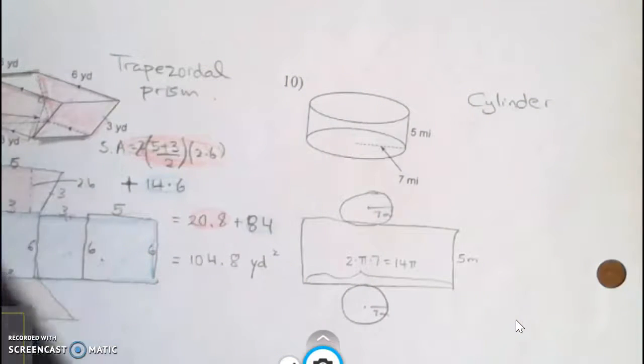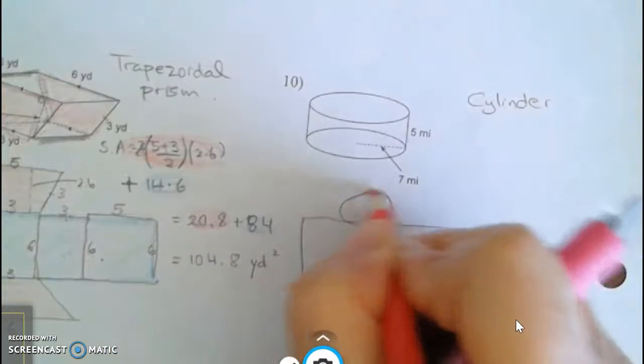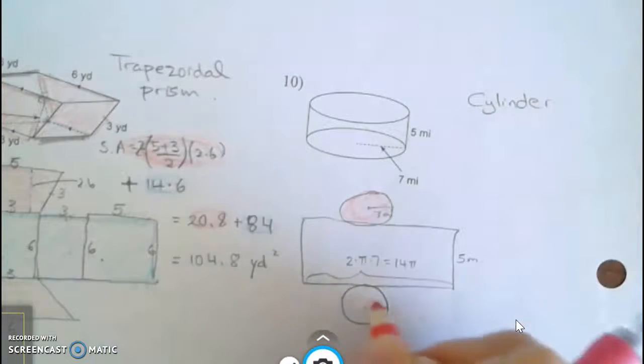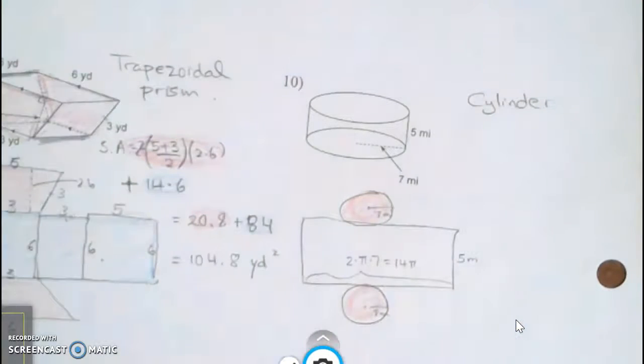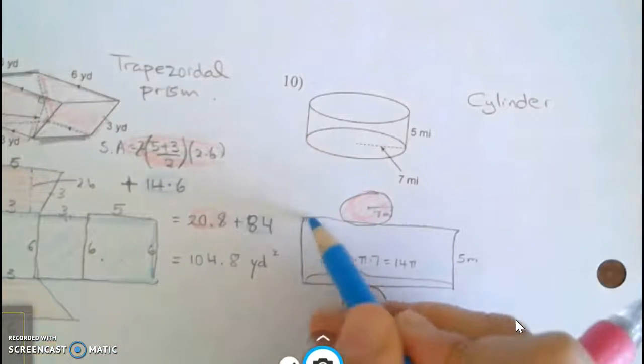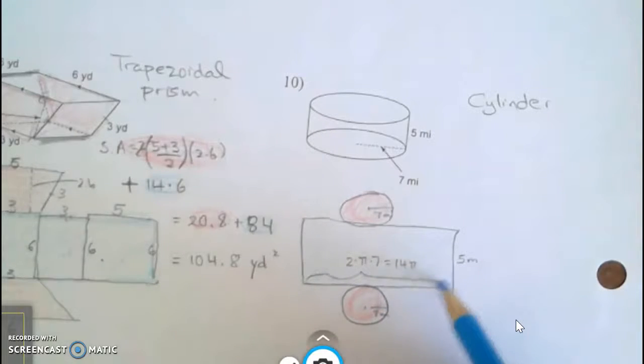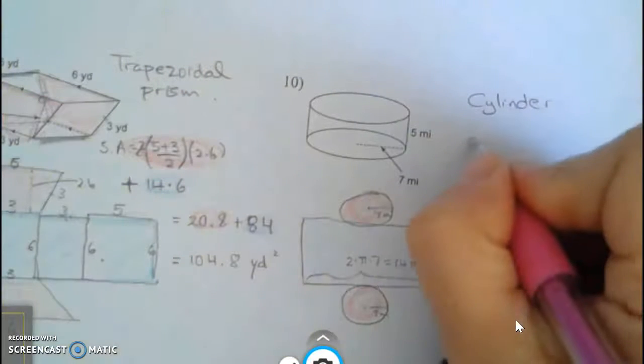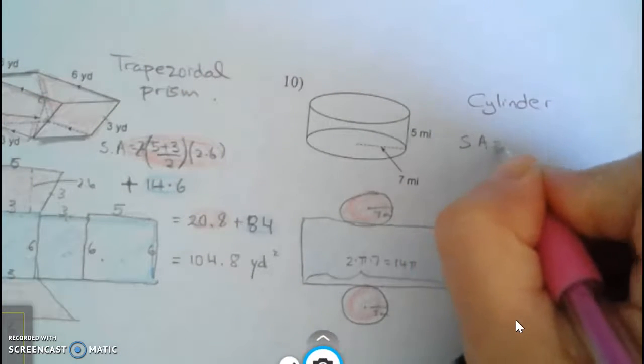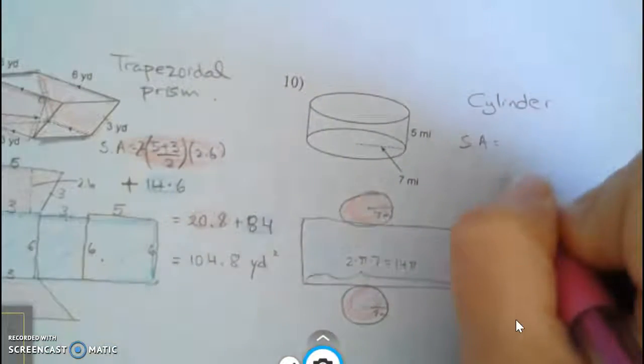So if I break up the 2 parts of the net as 2 of the circles and a rectangle here, the surface area is going to be the area of the 2 circles.